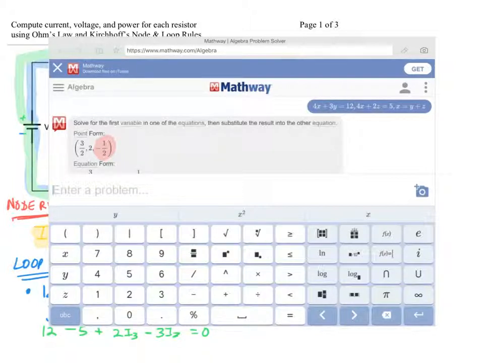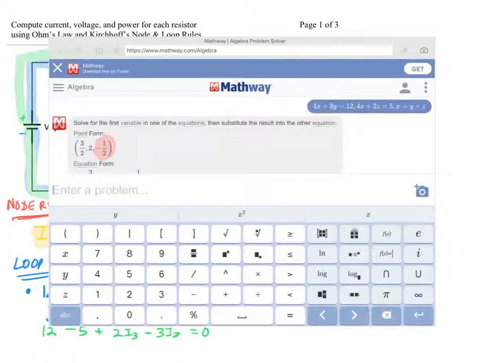And either that assumption is correct or it's not. Assuming that all the math was done correctly, that I wrote the loop equations correctly, and that they were solved correctly. If you write them correctly, the solvers are going to get them right for you. Pretty low chance that the solvers are wrong. They kind of worked that out already. Then that means if you get a sign change, or any negative, means that you were wrong about the direction of that current. And so you would go back and change the direction.